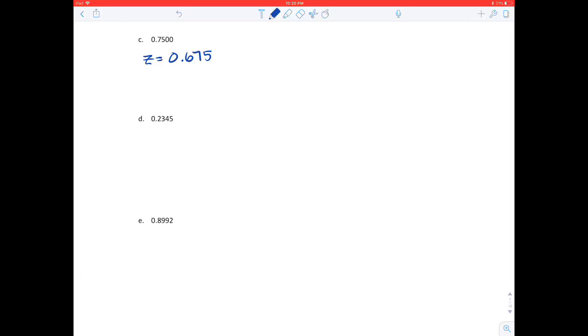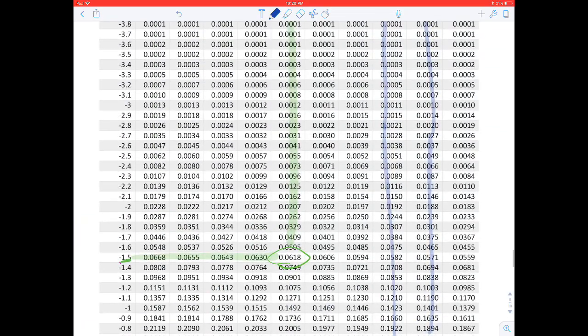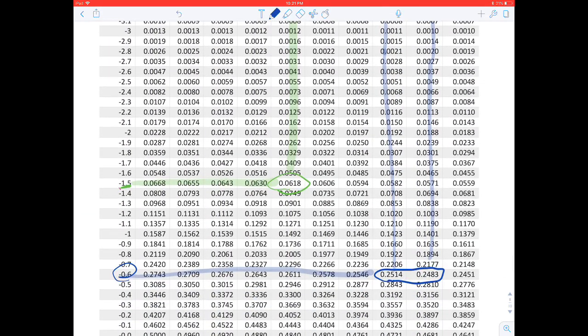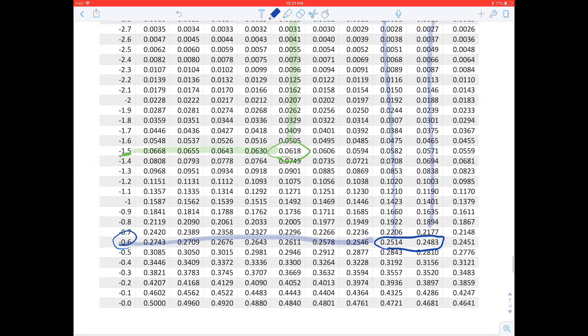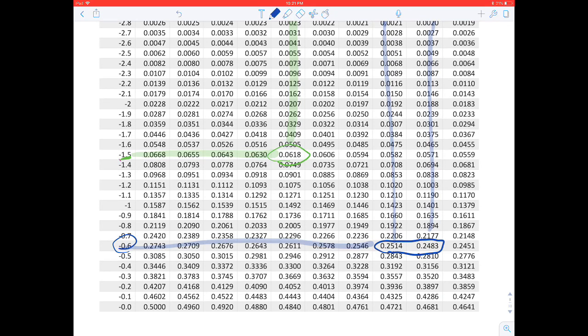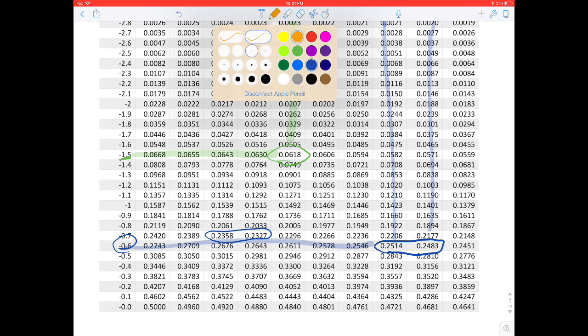Okay, let's look at 0.2345. So again, coming down to the table, 0.2345 would be in between these two, right? Should probably do that in a different color.